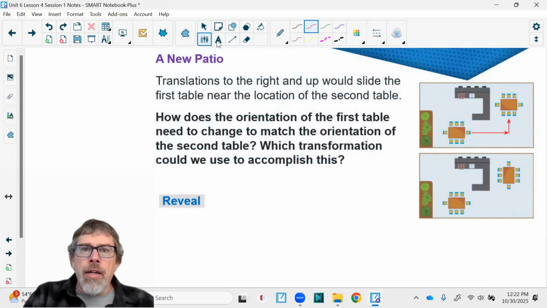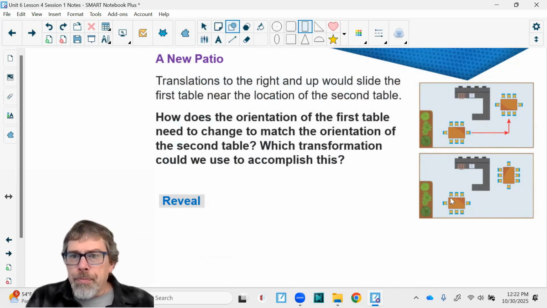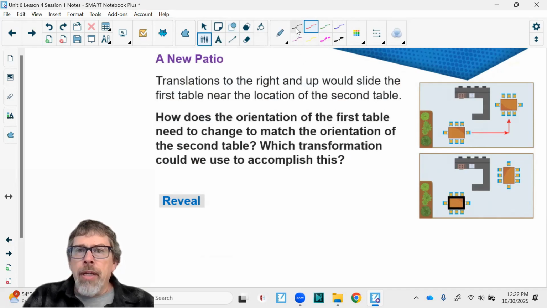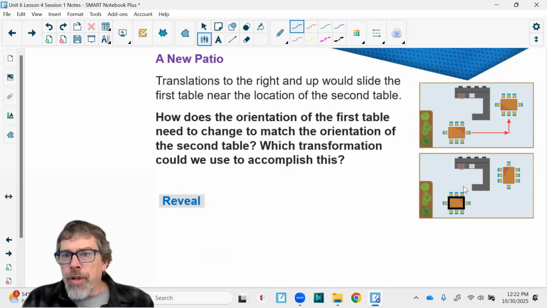So let me draw, let's see if I can do this with this program. So if I drew a table like so, and if I put a center, oh, I don't know where it would be. I want this to end up here. So somewhere over here, let's put a dot right there.